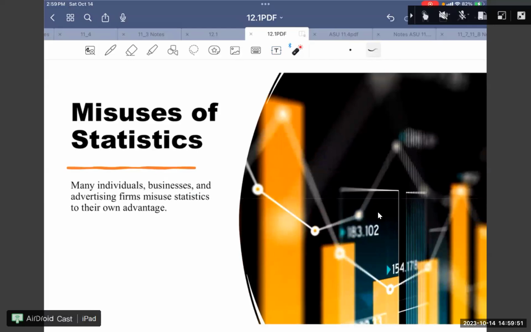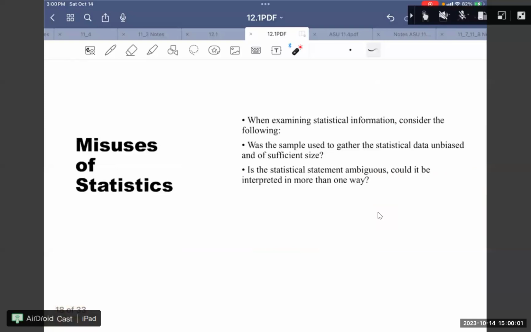Misuse of statistics. Many individuals, businesses, and advisory firms use statistics to their own advantage. So when examining statistical information, consider the following.